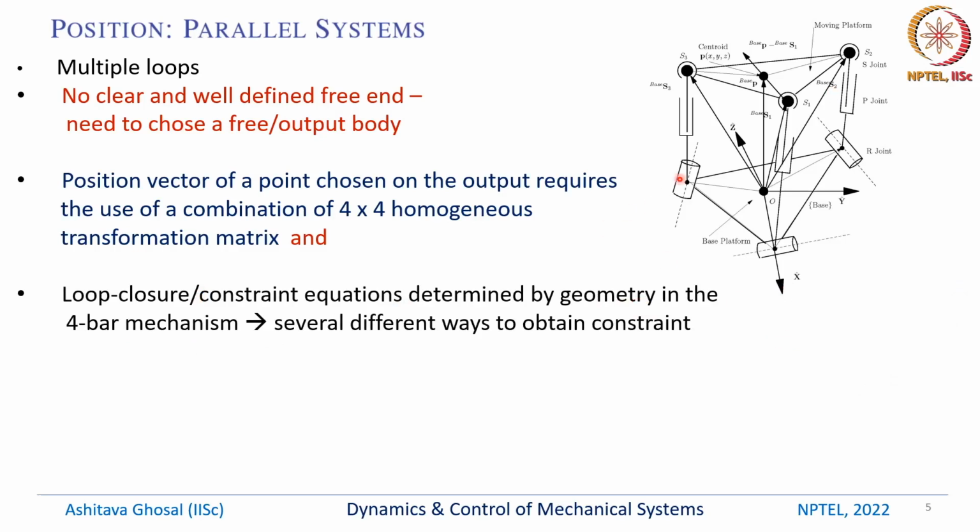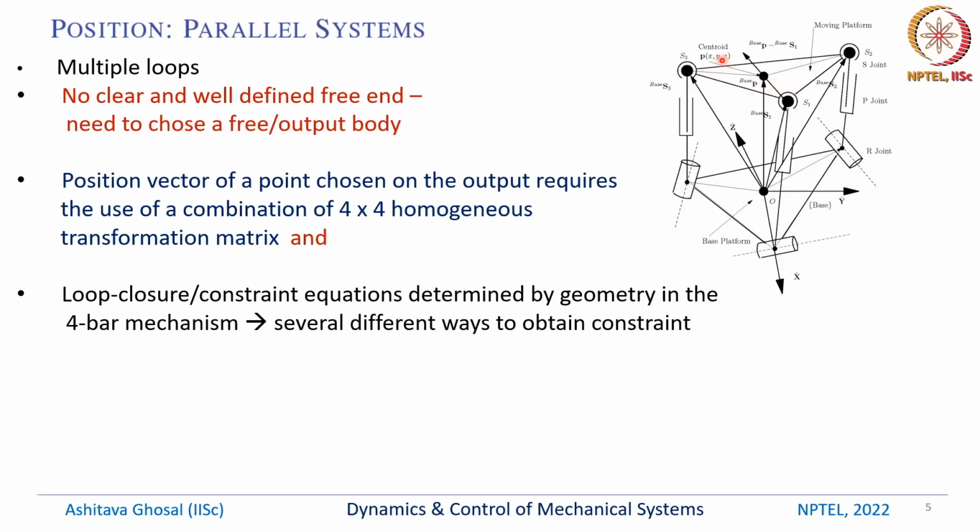For example, in this mechanism, if I want to find this point, which is, let's say, one point on the output link, I can use the 4x4 homogeneous transformation matrices corresponding to this rotary joint, this prismatic joint, and then the spherical joint, which will have to be considered as 3 rotary joints, and then come to this point. So this is one possible way to come to this.